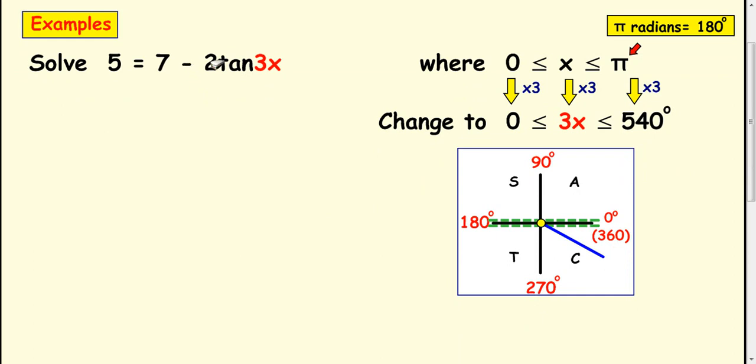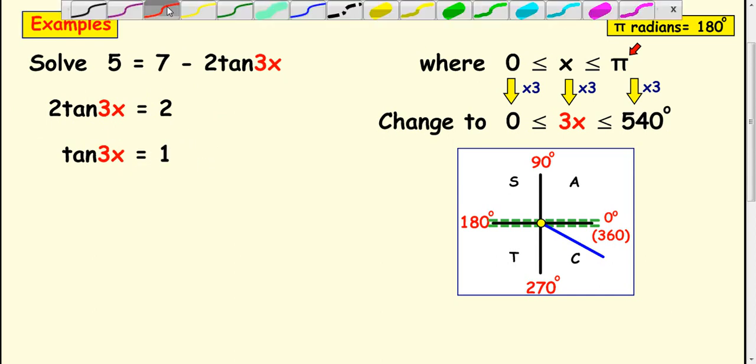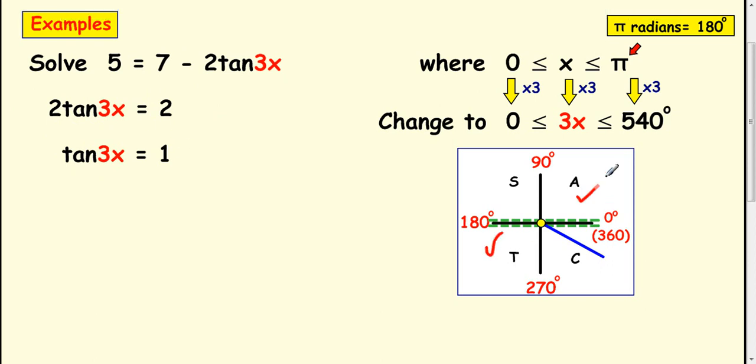Now what I would do is I would take the 2 tan 3x over the other side to make it positive. So 2 tan 3x equals 2 by subtracting the 5 over. You can take longer to do that, but all I've done is taken that over the other side and subtracted the 5 here. I'm then going to divide by 2 to get tan 3x equals 1. I'm then going to look at where the tan is positive, and that would be here and here.